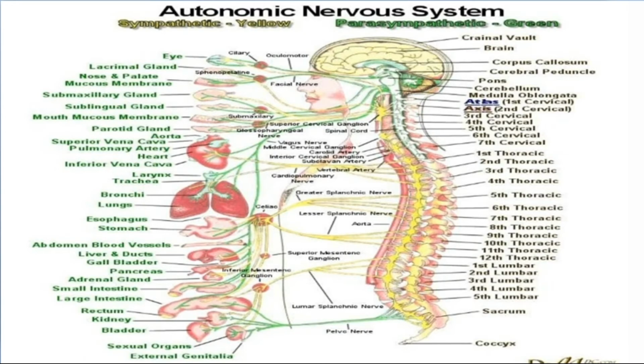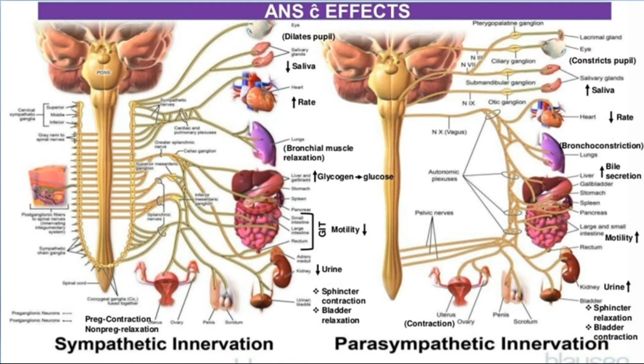You can see the picture of autonomic nervous system. We have the peripheral nervous system. Then you can see the effects of the autonomic nervous system. You can see the eyes, the tongue, salivary glands, heart, then bronchial muscles, then liver and GIT, then kidneys, then testicles, then ureters.